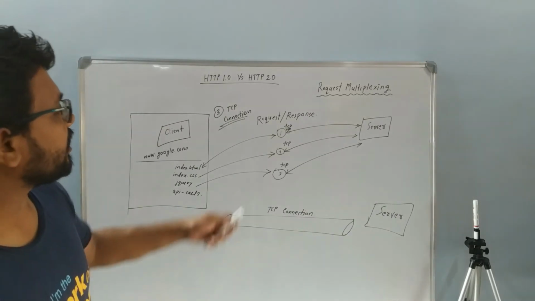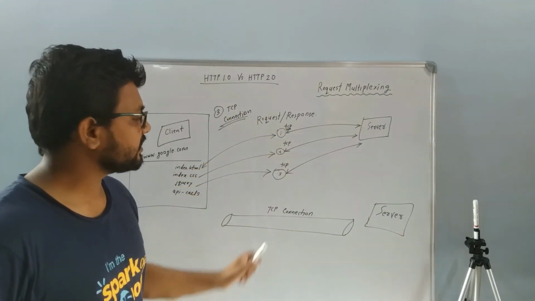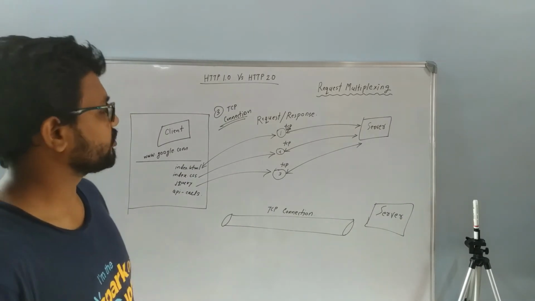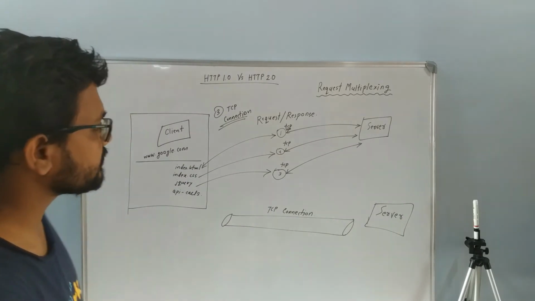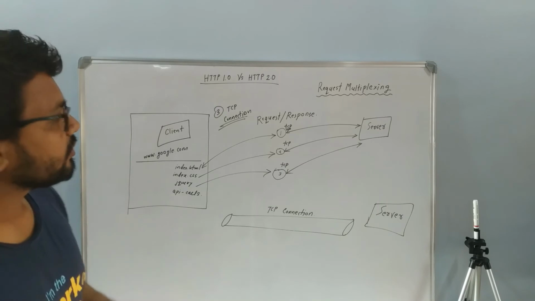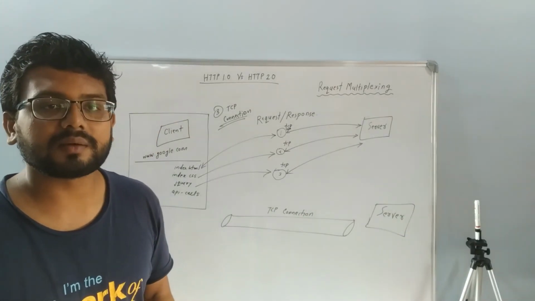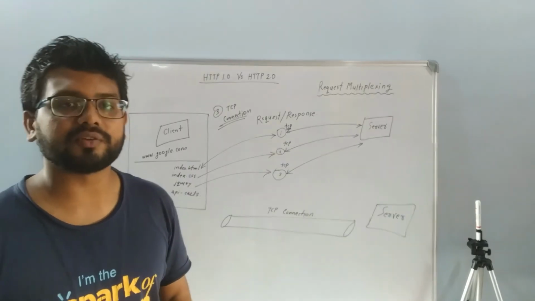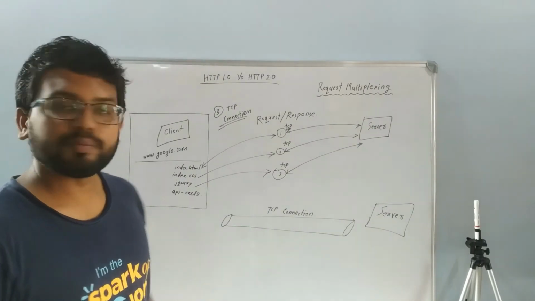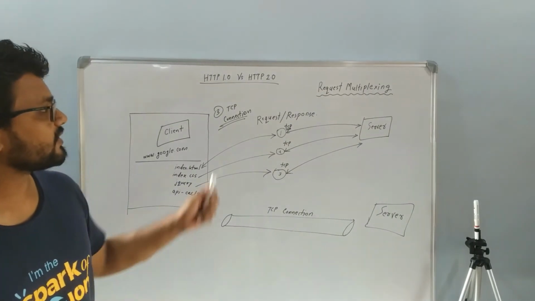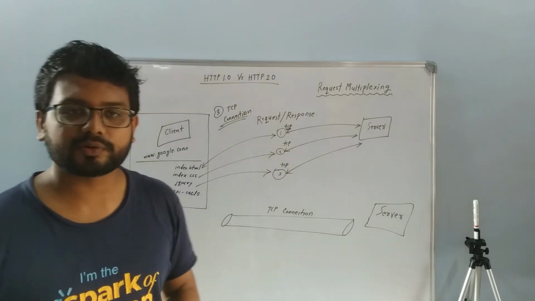So the overhead of the number of TCP connections will be drastically reduced with HTTP 2.0, and the data load will be faster compared to HTTP 1.0. I hope you understood this request multiplexing feature of HTTP 2.0.